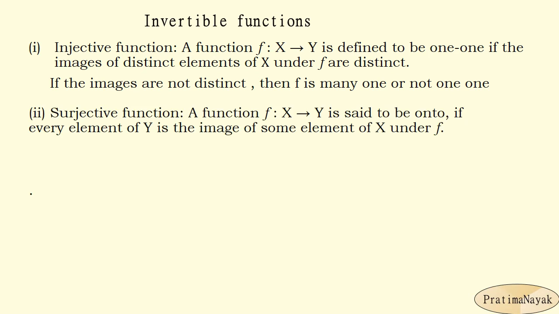Next is the surjective function, or onto. A function f from X to Y is said to be onto if every element of Y is the image of some element of X under f.